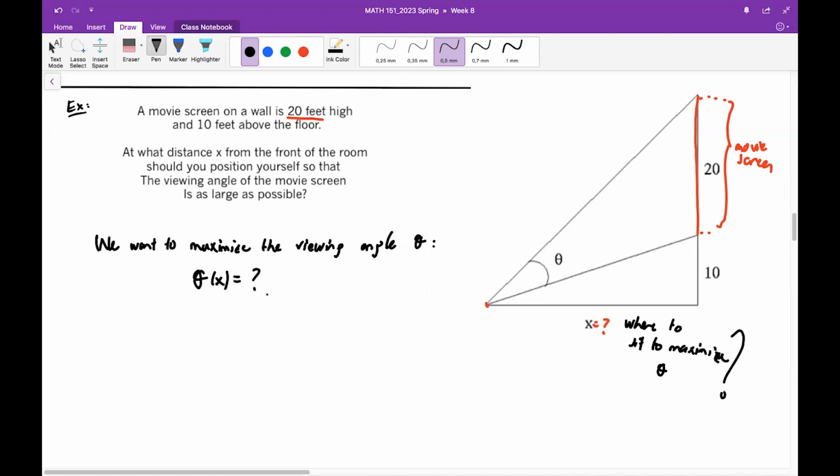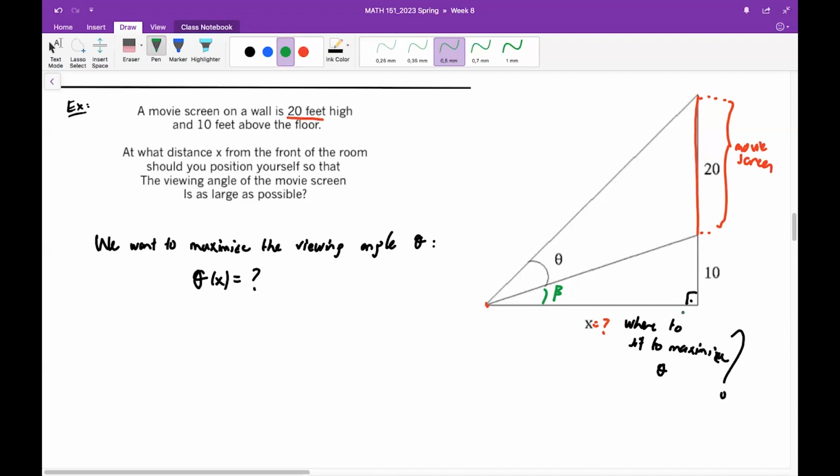That's the problem now. So x is this edge, and how do you relate the length of the edges of a right triangle to the angles inside this triangle? For example, concentrate on this right triangle, and let's call this angle beta. How can you relate beta to x? Beta is an inside angle of this triangle, and x is the length of the adjacent edge.